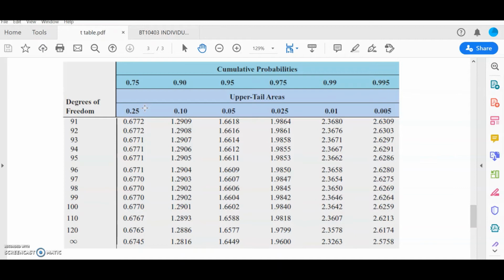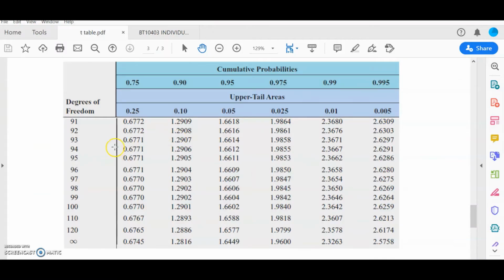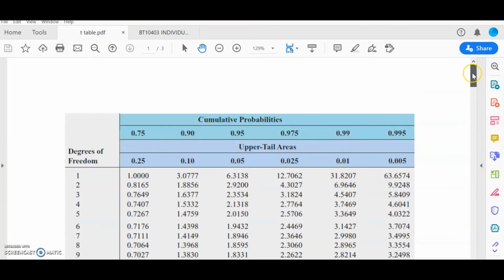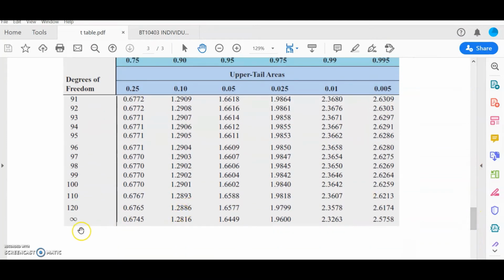Since we know the population standard deviation, instead of the t value, we will find the z value. And in a t-distribution table, the degrees of freedom for z value is equal to infinity. And the second information, as I mentioned before, is the significance level. So the level of significance can be obtained from this area.